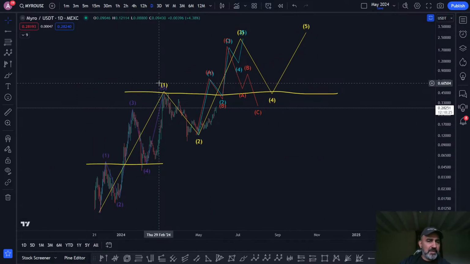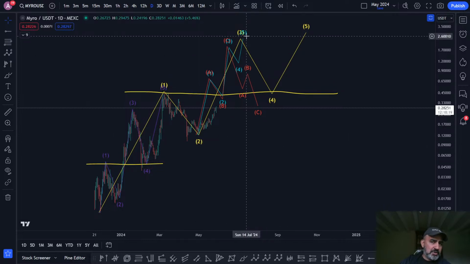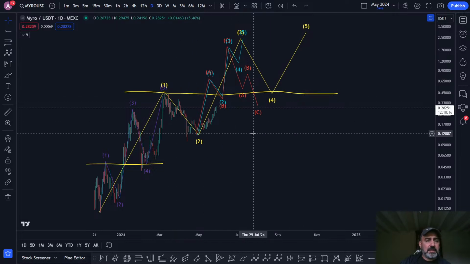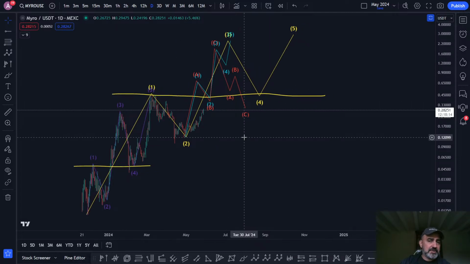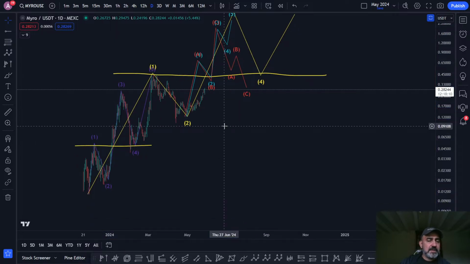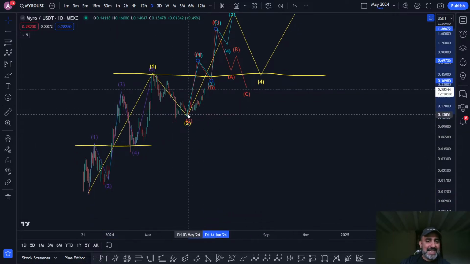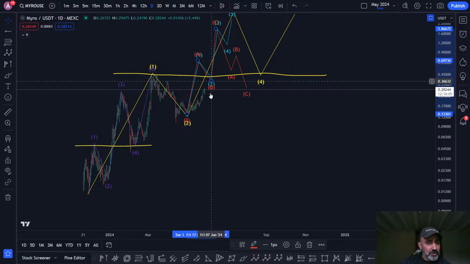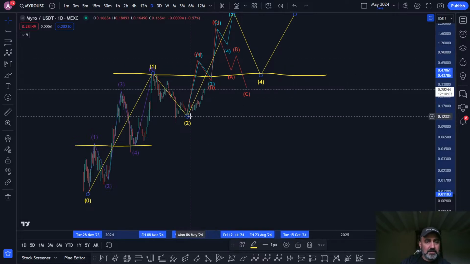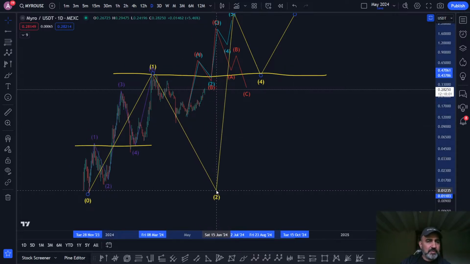So if you're in a 1 and then you put in a 2, you put in a 3, then the 4 can't come underneath the 1. That's just the rules. If we're not impulsing now, I can't tell, but technically this 2 can come all the way down here.